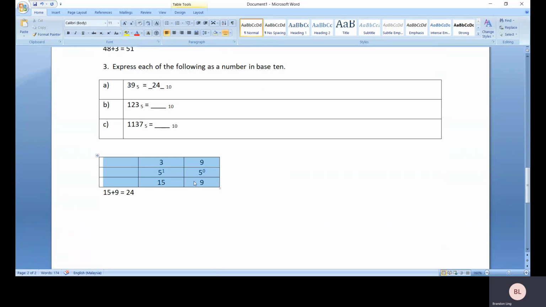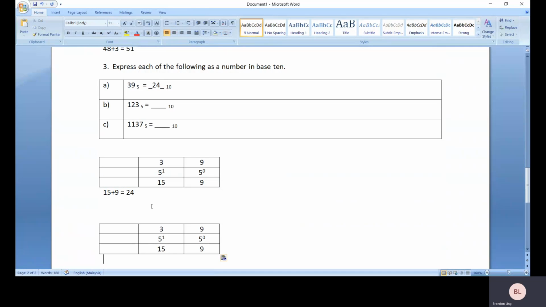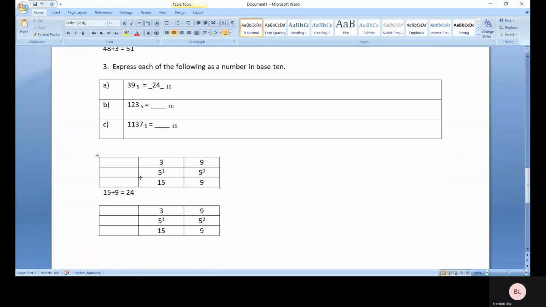Next, we move on to the second part here. So it's 1, 2, 3. 5 to the power of 0, 5 to the power of 1, 5 to the power of 2.